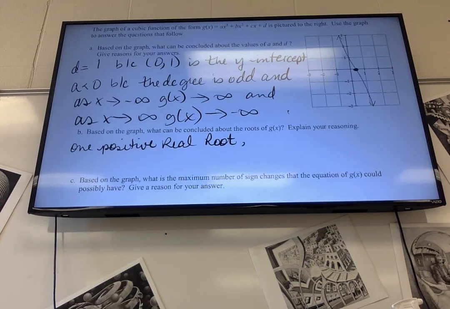Because g of x crosses the x-axis once. Okay, what else?